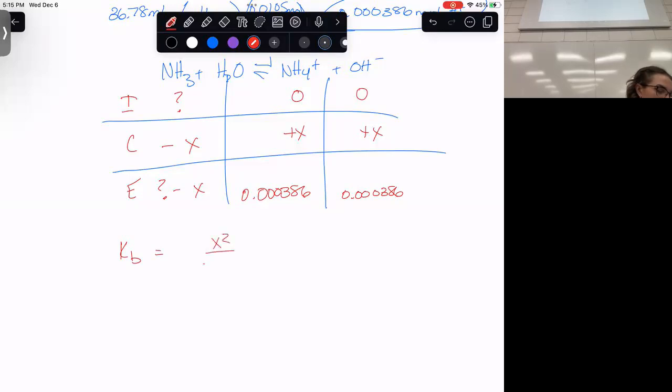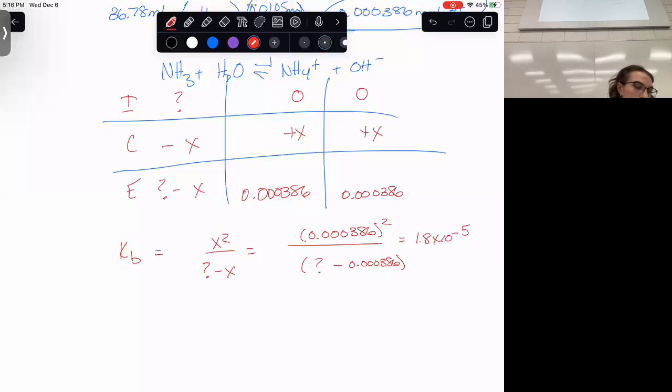We have X squared over question mark minus X. What do we do from here?